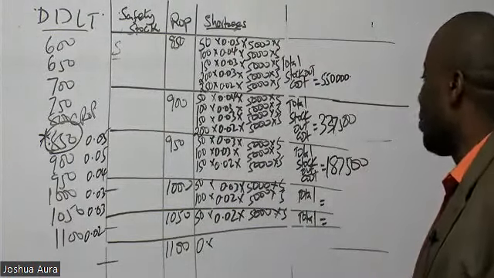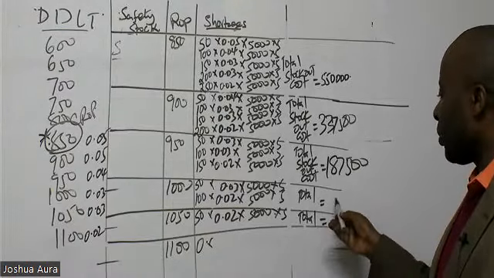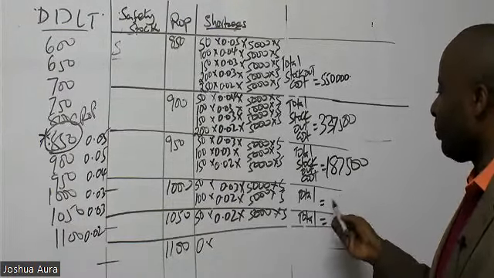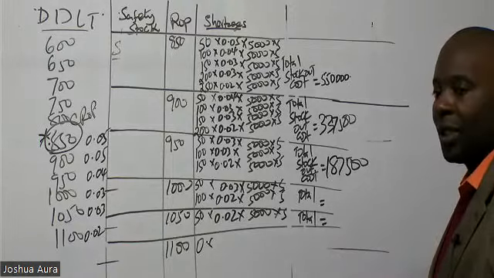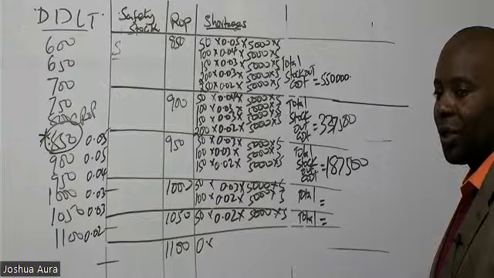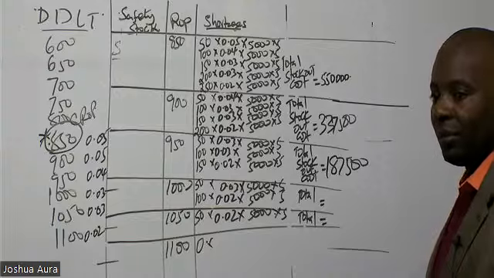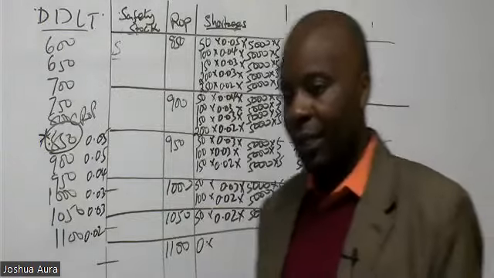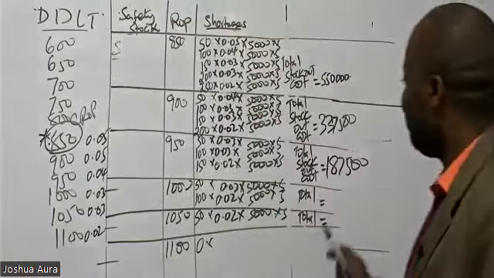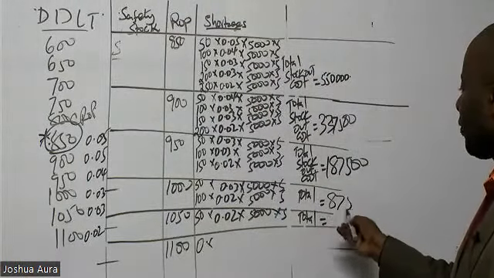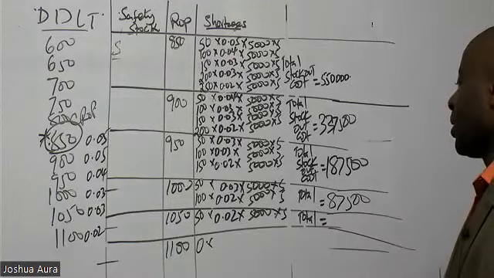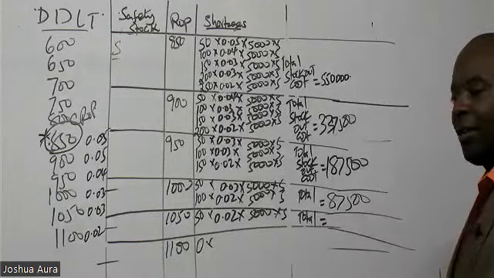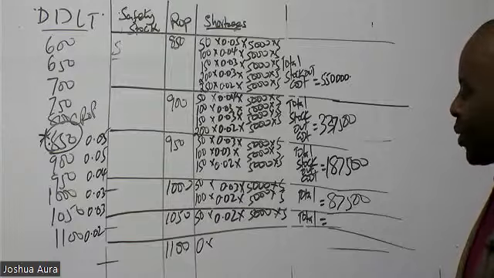And then we come to this one, ladies and gentlemen. Is there somebody who can give us a figure here? Total for 1,000 is 87,500. All right. And then for 1050, what do we have there, somebody?